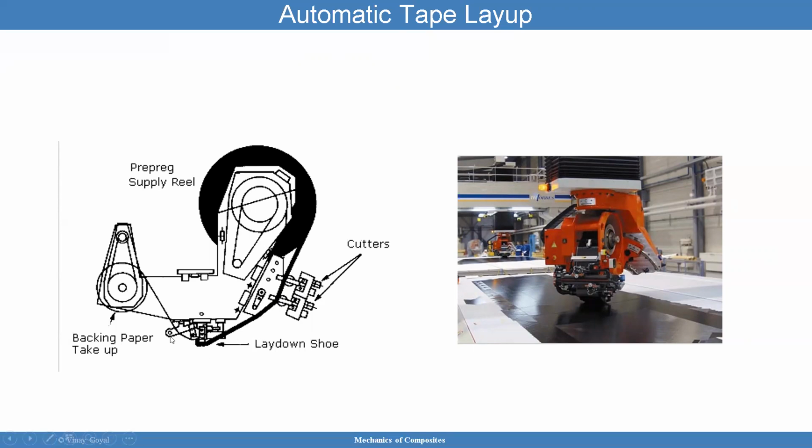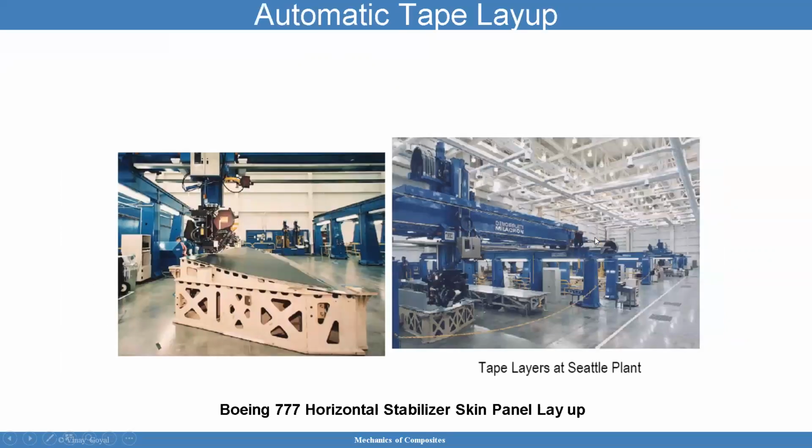And then you have backing paper that's getting removed as well, because sometimes there's backing paper that needs to be removed. And here you can see the picture of that process. The automatic tape layup has been extensively used. The Boeing 777 has a horizontal stabilizer skin panel layup.